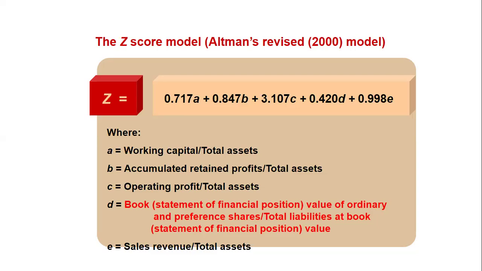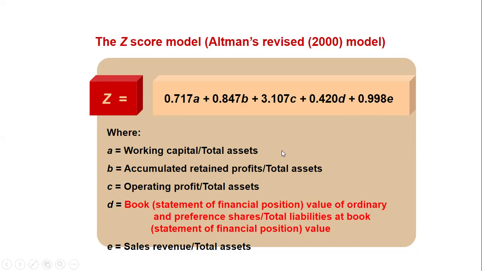And with this model, you can see that the Z-scores have also changed, but still greater importance is on the E, sales revenue to total assets accounting for a bigger part of the ratio.